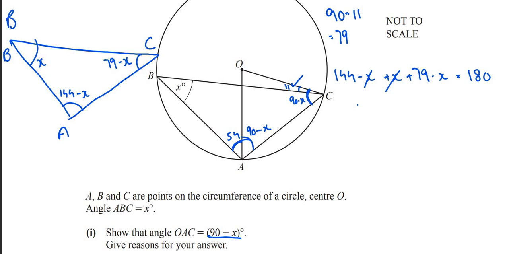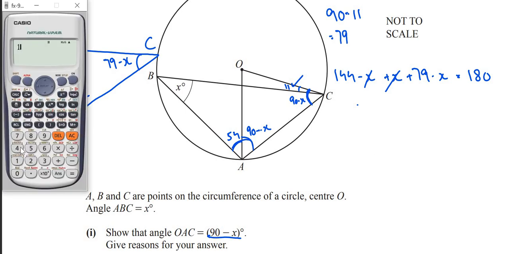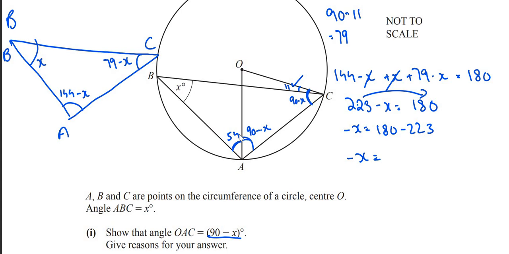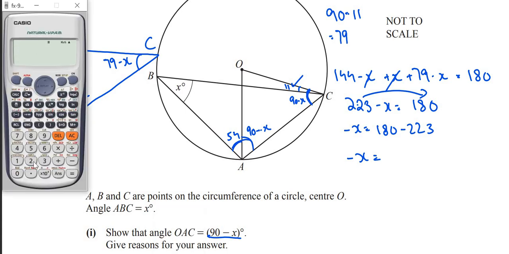We now do 144 plus 79, which is 223. So 223 minus x is equal to 180 degrees. Minus x is equal to 180 minus 223 because we shifted 223 over there. Minus x is equal to, let me see, negative 43. But why depend on my brain?